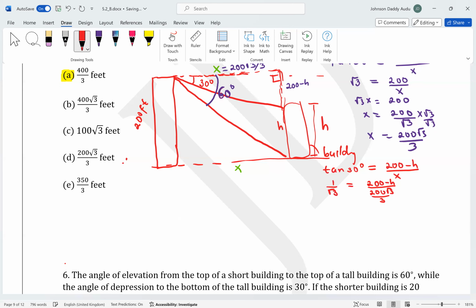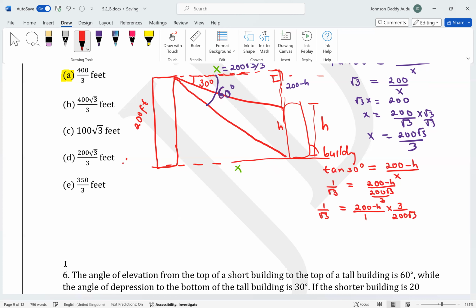So here, what we can do is we can write this one. This one is 1 over root 3, and this is 200 minus H over 1 times 3 over 200 root 3.